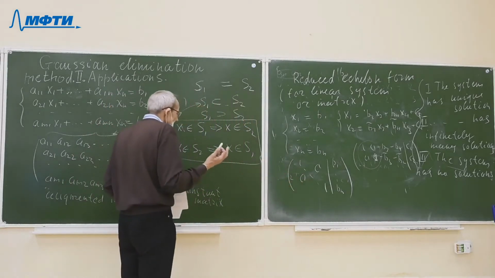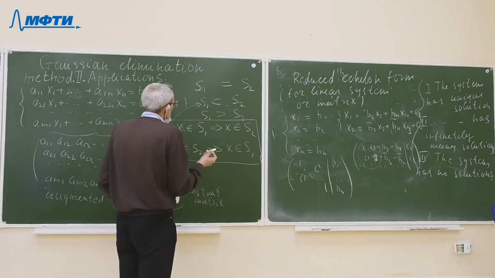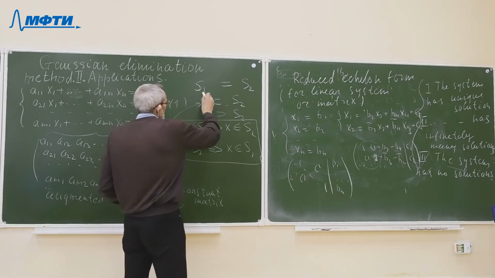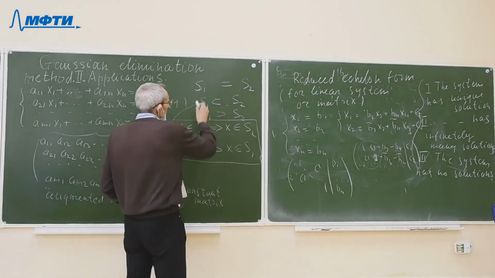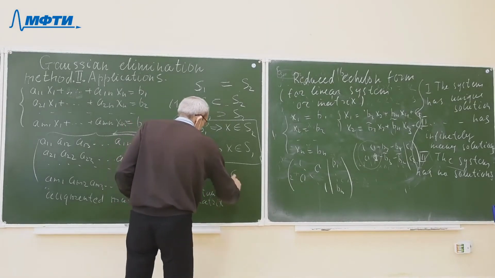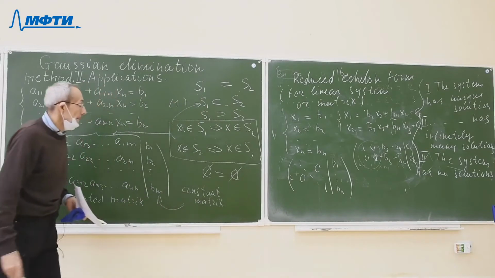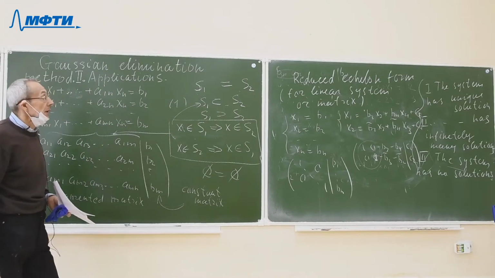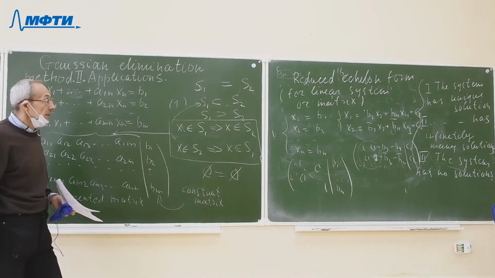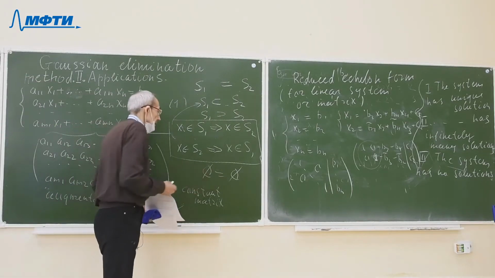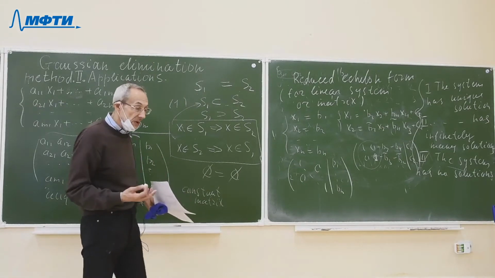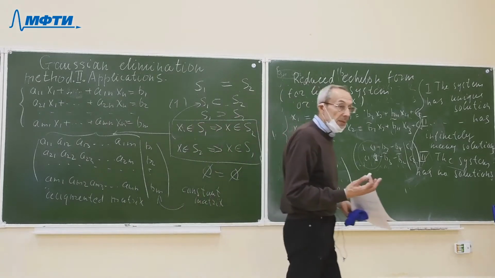And we have the case when each of these sets is empty, and in this case we also obtain that these linear systems are equivalent, in the sense that they have the same solutions. This set can be empty.